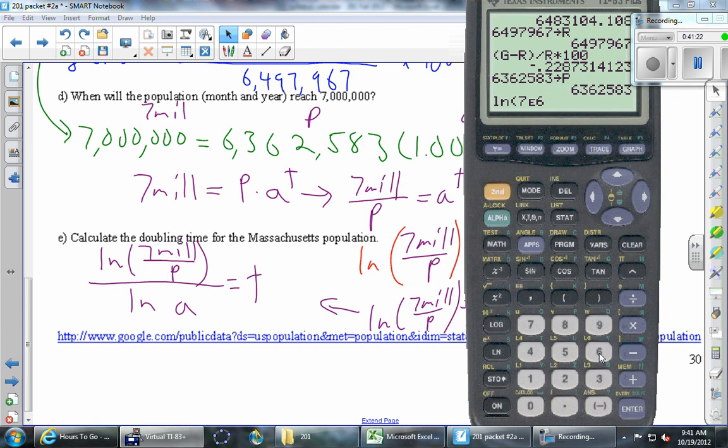So if you're doing any science class this semester, that's the scientific notation button right there. 7 times 10 to the 6. Okay, this gets divided by what? P. So we're dividing by alpha P. Where'd it go? There. And then the whole thing is divided by ln A. Alpha A.